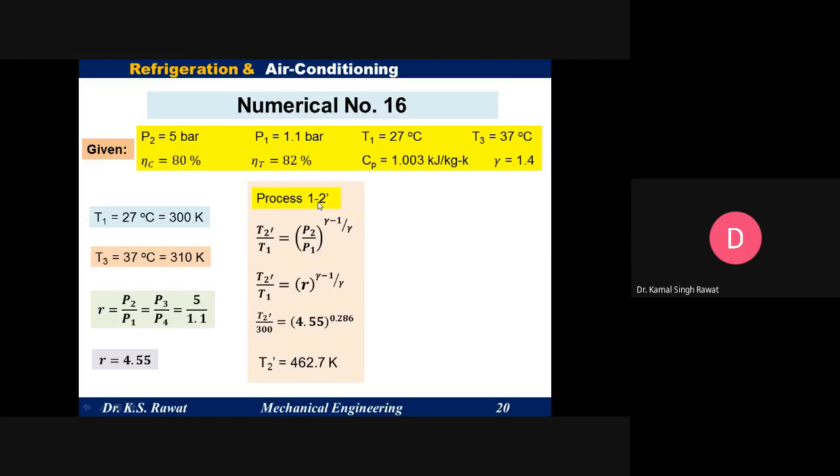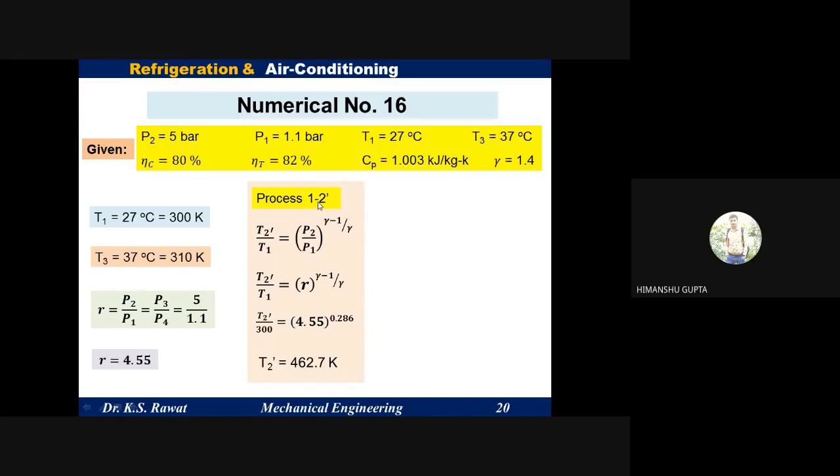But to calculate the compression work, we require T2. So how do we get the value of T2? We have calculated the value of T2 dash, but in actual our cycle is 1 2 3 4. So we require T2. How do we get the value of T2?